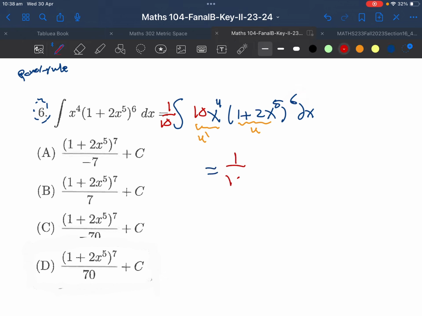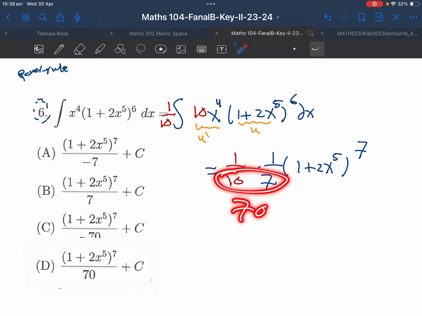So here we have 1 over 10. If we add 1 to the power, which is 6, it becomes 7, and then we divide by 7. Now, 7 times 10 is 70, and there is only one answer that has 70, which is part D.